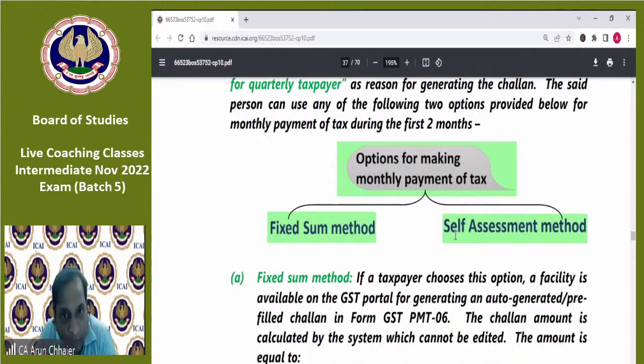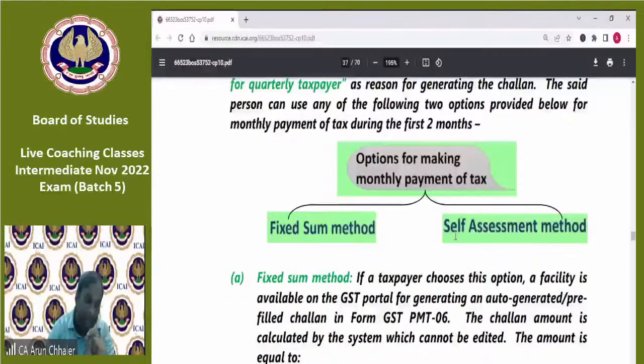Again, highlighting the point, we are calculating how much tax needs to be paid through PMT 06. It means the liability which needs to be paid in cash. Please remember, we are not required to pay the gross liability here. We need to pay only the cash portion.